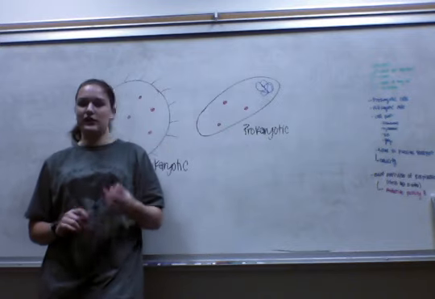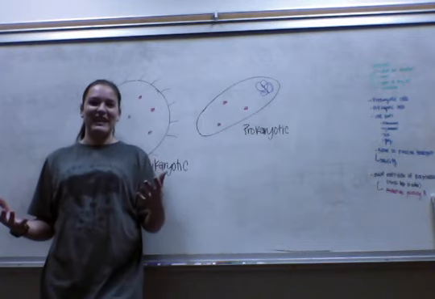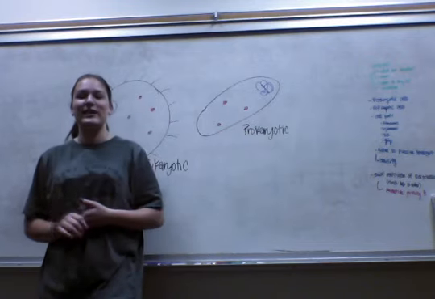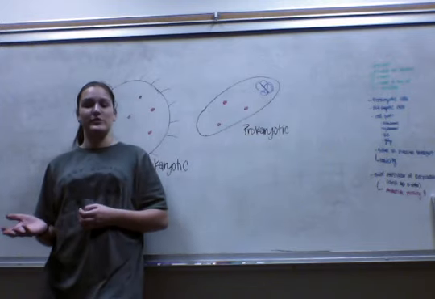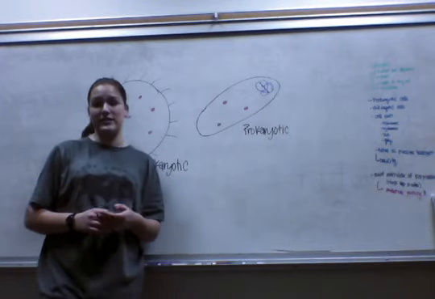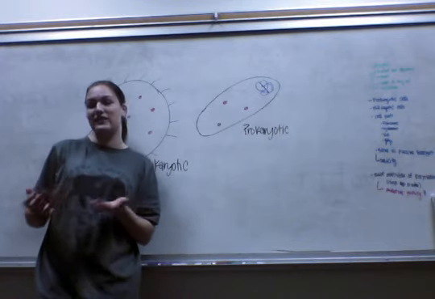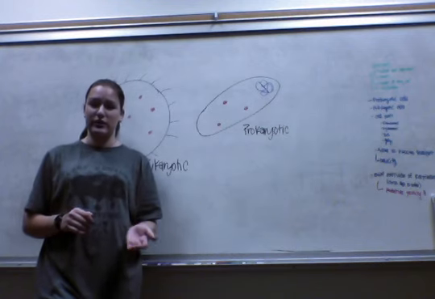The difference between your rough ER and your smooth ER, it's kind of in the name, is one is rough and one is smooth. The difference is that you have ribosomes on your rough ER and you don't have any on your smooth ER. Now, ribosomes, like I mentioned before, are used for protein synthesis. So it's implied that in your rough ER, you're going to be synthesizing proteins.